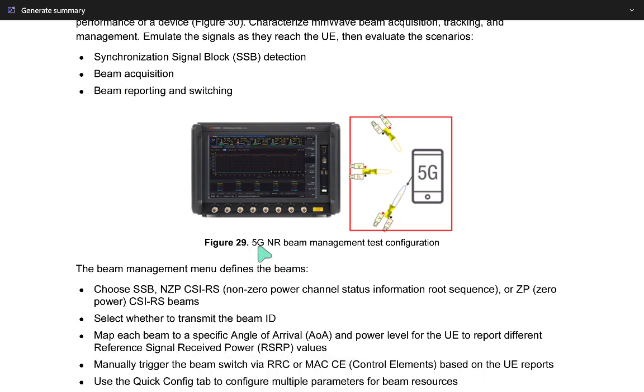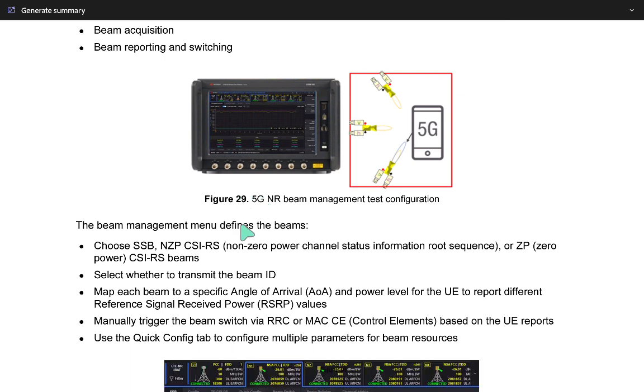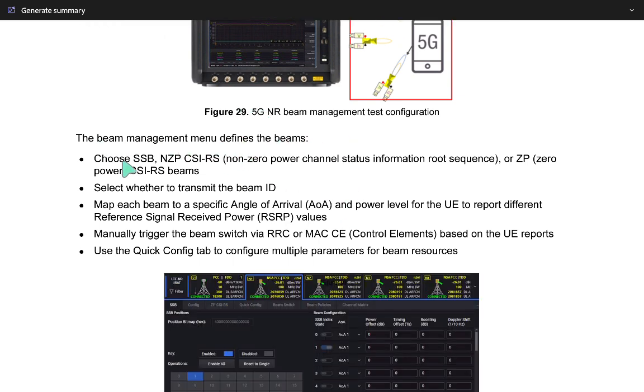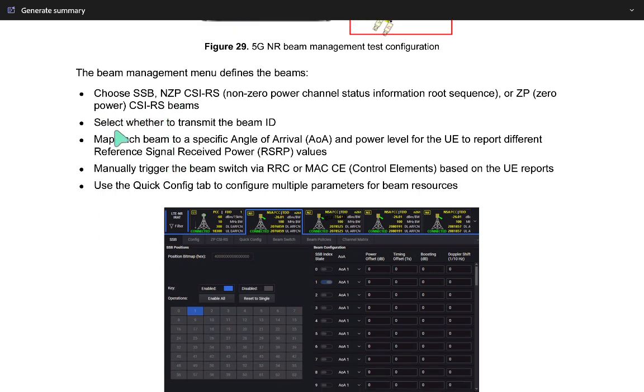Figure 29, 5G NR beam management test configuration. The beam management menu defines the beams. Choose SSB, NZP CSI-RS (non-zero power channel state information reference signal), or ZP CSI-RS (zero power) beam. Select whether to transmit beam ID.